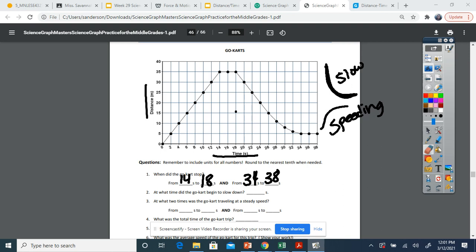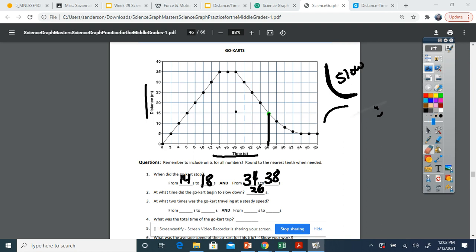So you can see right here is the beginning of that dip. So what time stamp is that? Well, if we trace back down to our seconds, that is at 26 seconds is when it starts to slow down or decelerate.